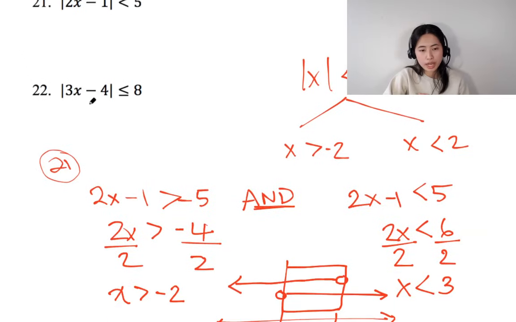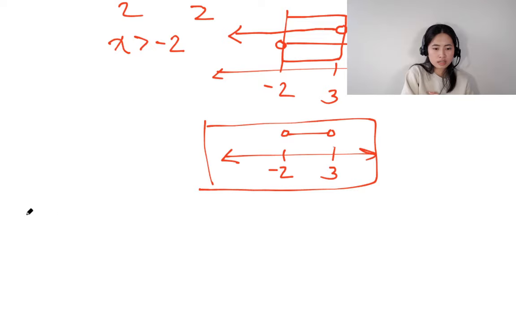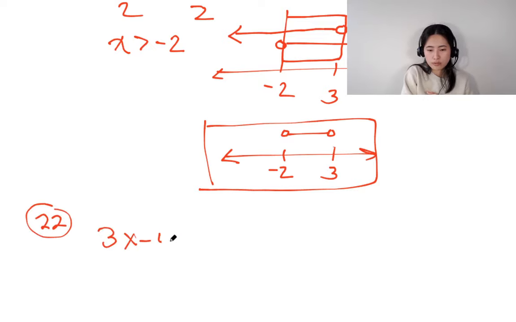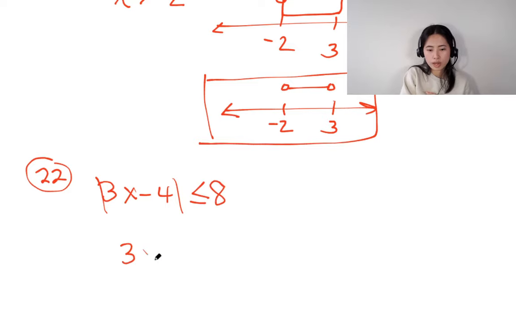And then we have 3x minus 4, and this is less than or equal to 8. So it's going to be the same thing, the way we set it up. So you're going to have 3x minus 4 greater than or equal to -8.